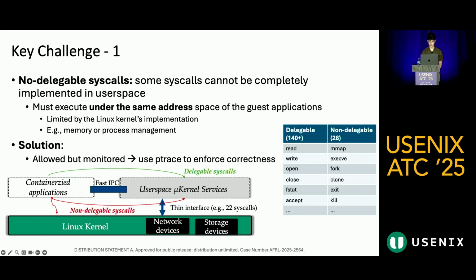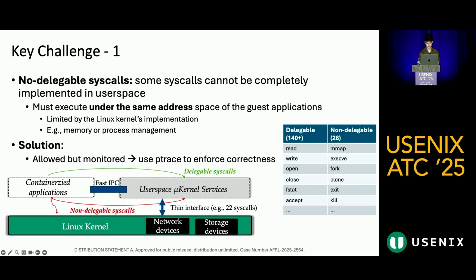This approach preserves system integrity while maintaining the thin user-to-host system call interface. In the diagram, you can see delegible system calls go through fast IPC and microkernel services, while non-delegible ones are carefully monitored on their path to the host kernel. This arbitration mechanism ensures correctness and adds a layer of defense in depth, keeping applications contained even when full delegation isn't possible.